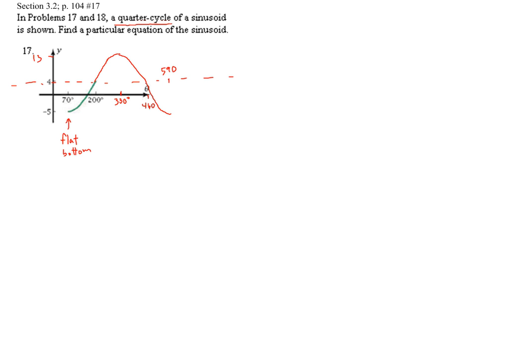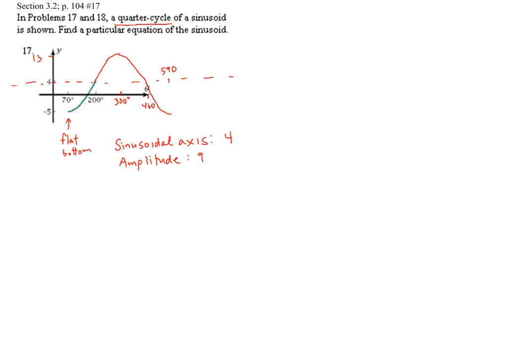So let's read off the 4 pieces of information I need to know. The sinusoidal axis is at 4. The amplitude is how far I go from the sinusoidal axis to the peak, which is going to be 9.